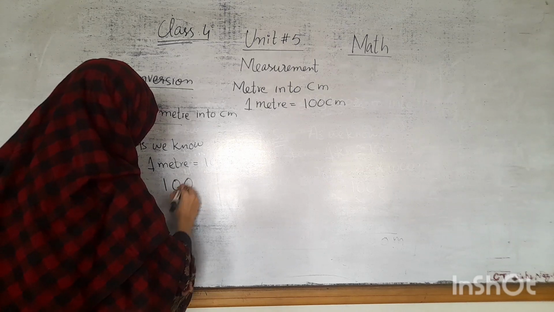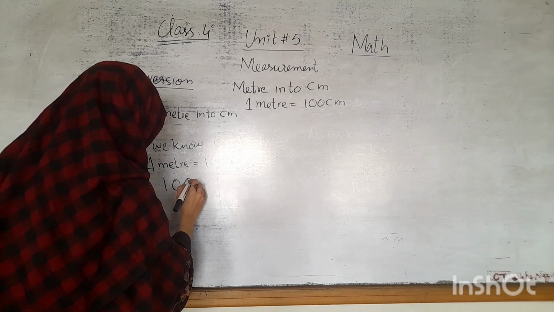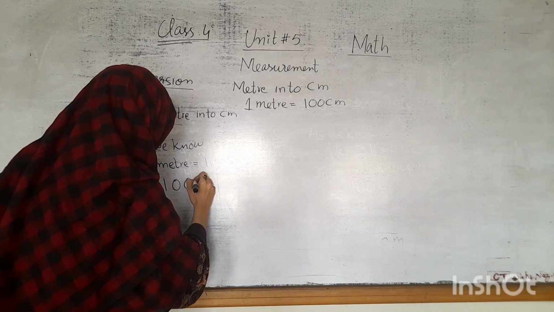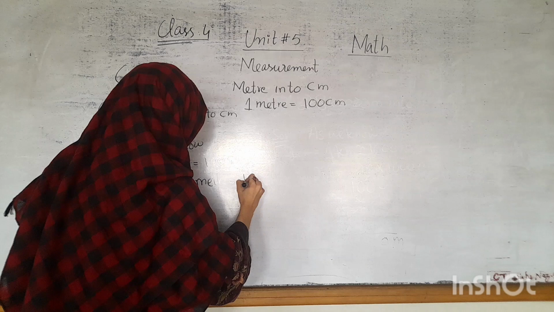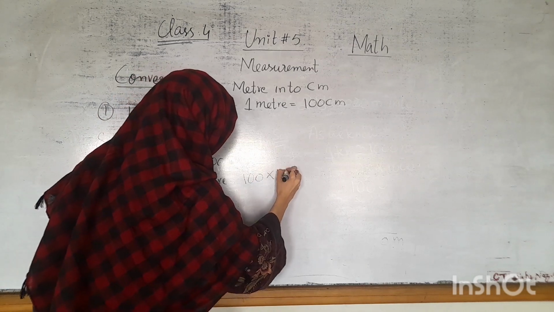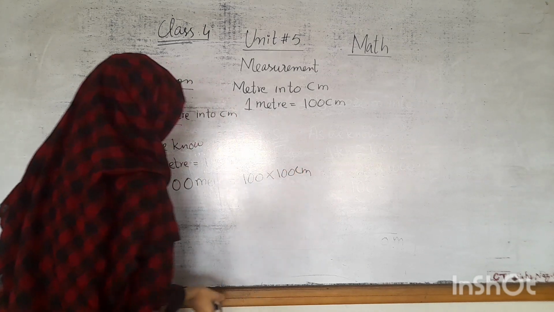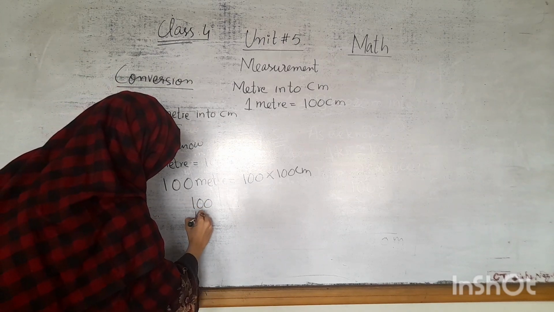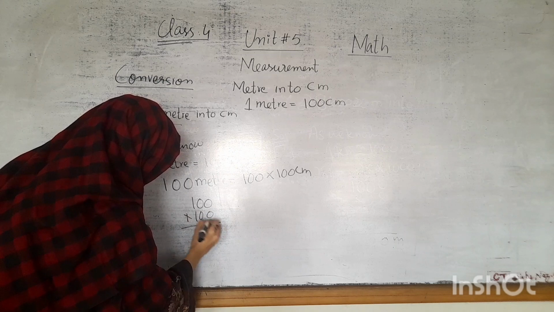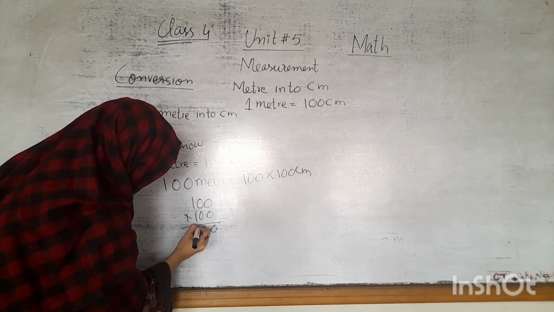So 100 meter is equal to 100 multiplied by 100 centimeter. We multiply: 0 multiplied by 0 is 0, 0, 0.